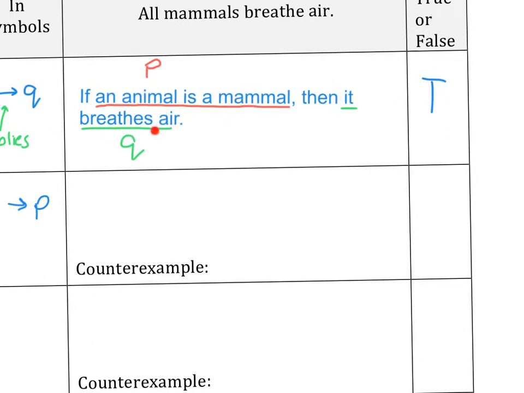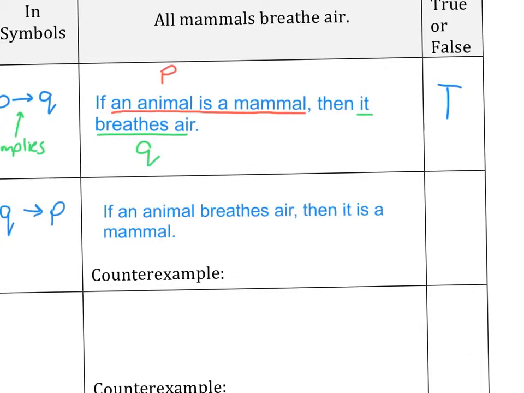So what I'm going to do is switch the air and the mammal around. Notice I can switch all of this and say, if it breathes air, then an animal is a mammal. The problem is we usually don't start a sentence with if. If an animal breathes air, then it is a mammal. We think about that. An animal breathes air, then it has to be a mammal. And we say, wait a tick, that's false. Why? Because it could be a frog or a lizard, something like that.